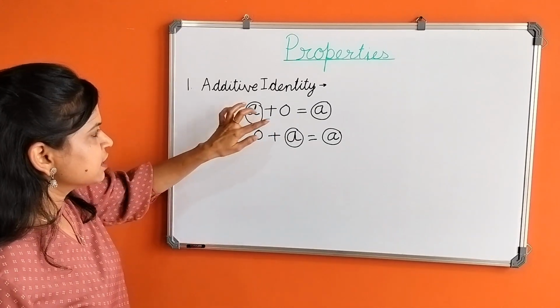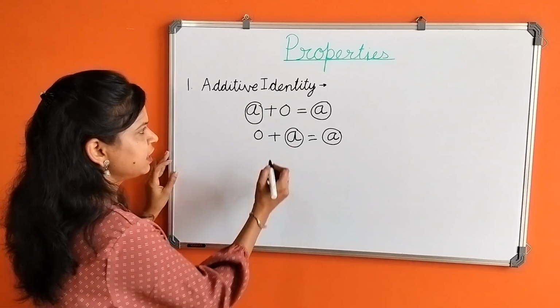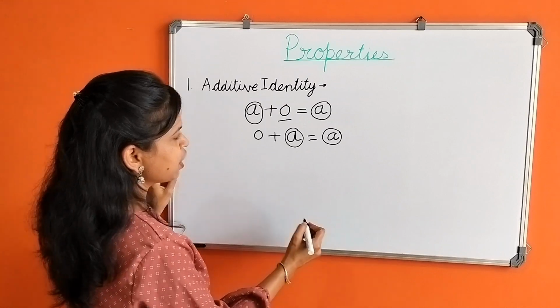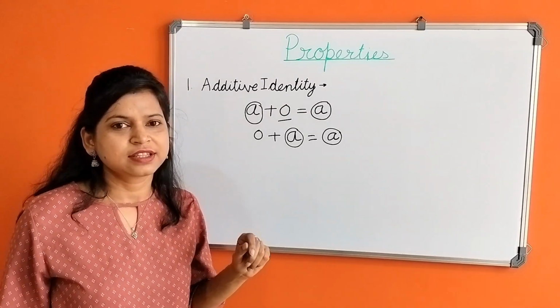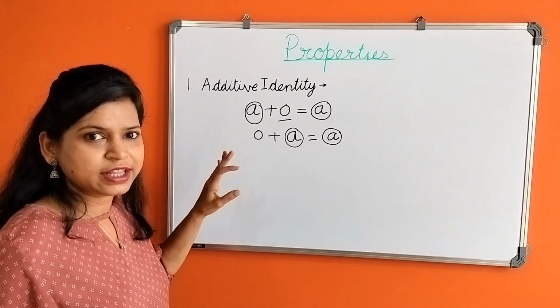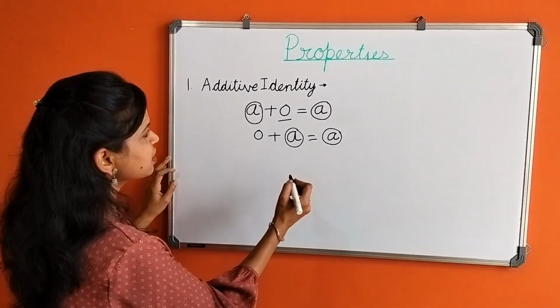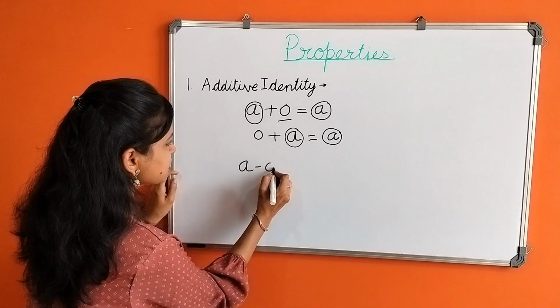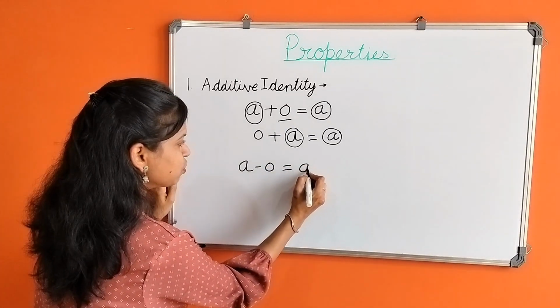So additive identity is 0 for addition. But for subtraction, there is no additive identity because in subtraction, a minus 0 is equal to a.